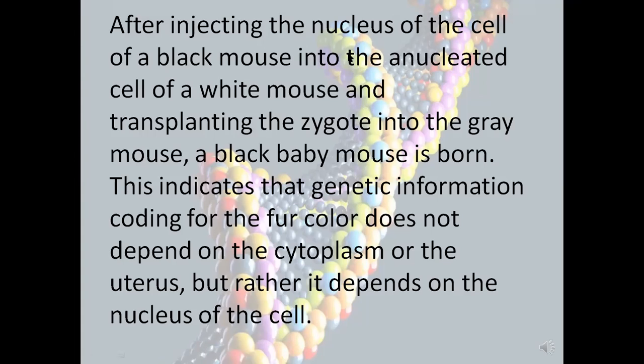What does this indicate? This indicates that the genetic information coding for the color, or coding for the fur, or coding for the coat, all of them have the same meaning, does not depend on the cytoplasm of the white mouse or the uterus of the gray mouse, the foster mother, but rather it depends on the nucleus of the cell.